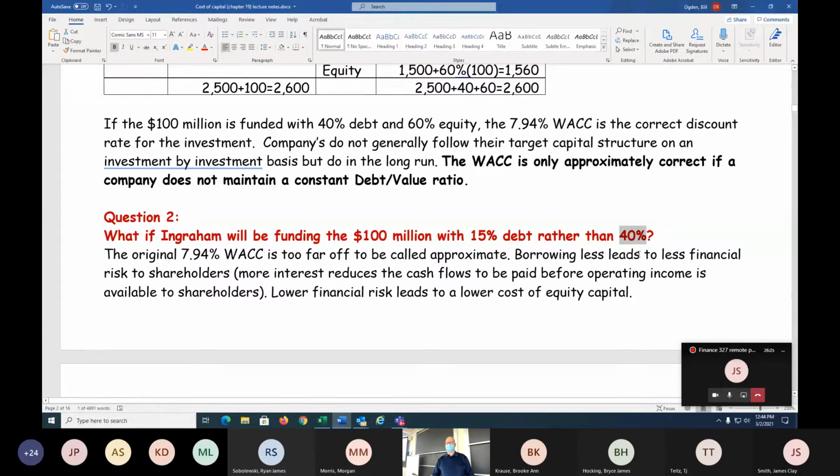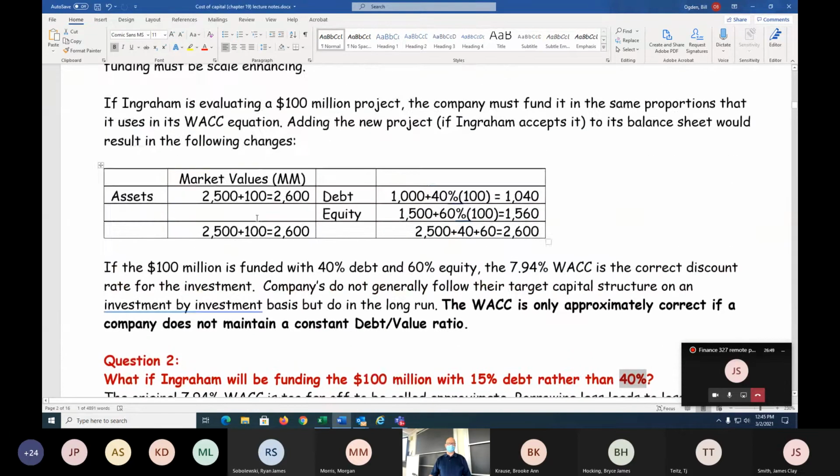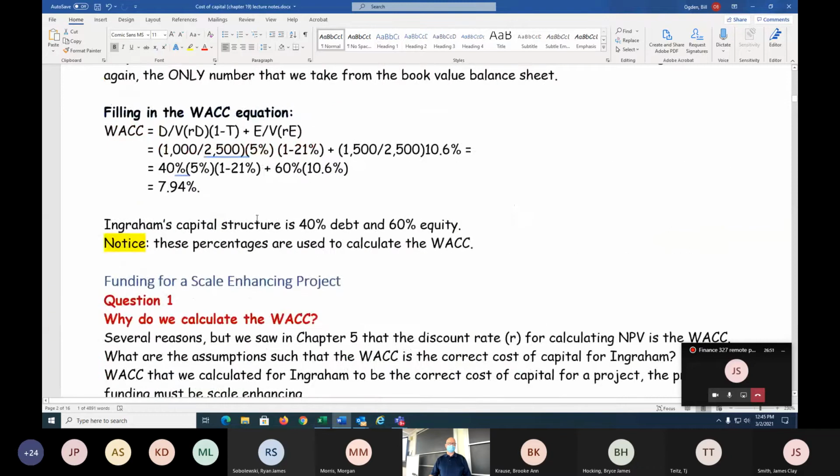Borrowing less leads to less financial risk for the shareholders. More interest reduces the cash flows to be paid basically before the shareholders are paid. Okay, lower financial risk leads to lower cost of equity capital. So with 40% debt, what were the shareholders requiring?